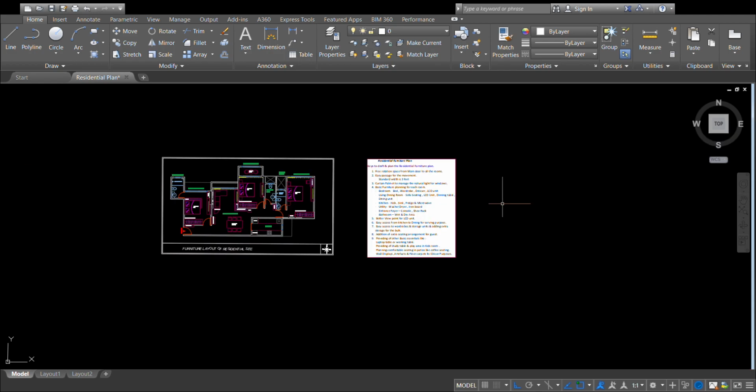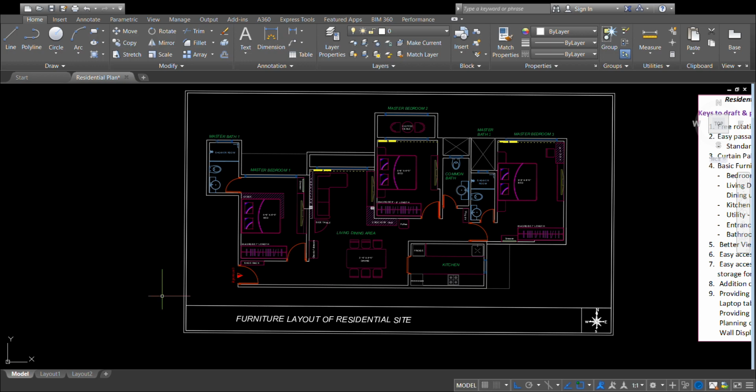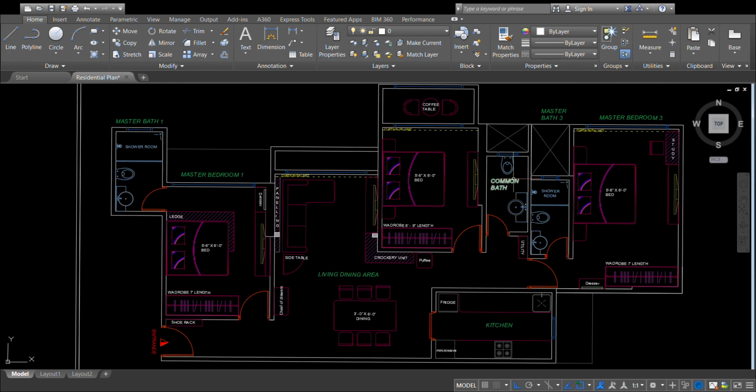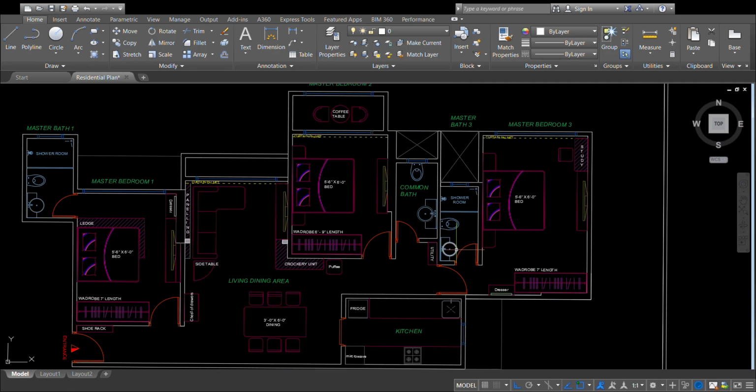Now the first and very important point that you need to keep in mind while drafting the layout is free rotation space from the main door to all the rooms. As you can see, your movement needs to be very free and accessible from your main entrance to all the rooms, room 1, even the bathrooms, the living dining, the other rooms like room 2, the common toilet, the kitchen, room 3 and the other bathrooms.